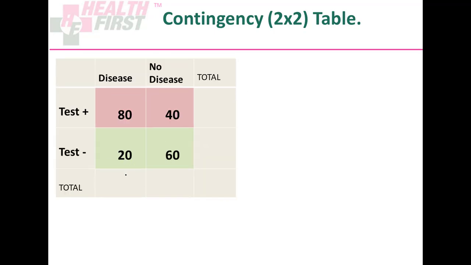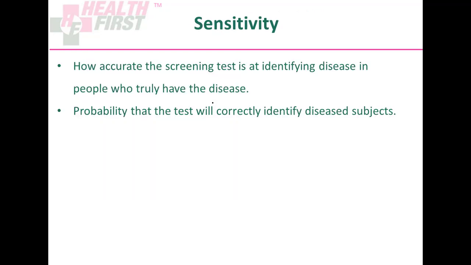Here's our contingency table. So remember, we had 100, we had 120, 80, and of course the grand total is 200, right? So in order to use this table to calculate sensitivity, let's first of all get the definitions of sensitivity, right? So sensitivity is the probability that the test will correctly identify diseased individuals.